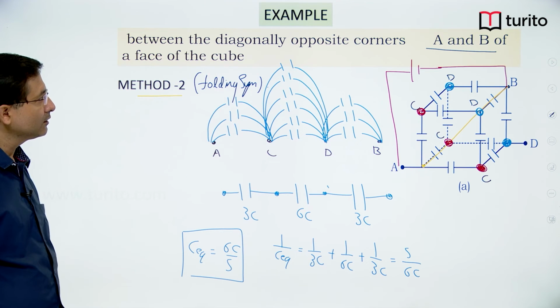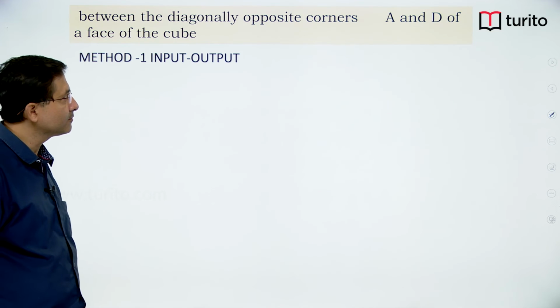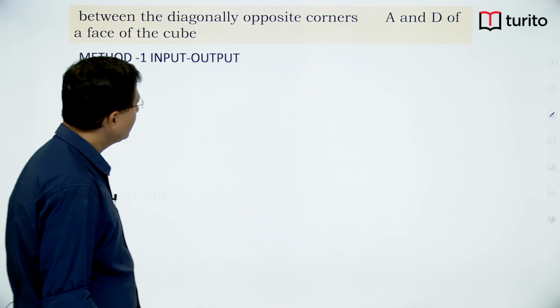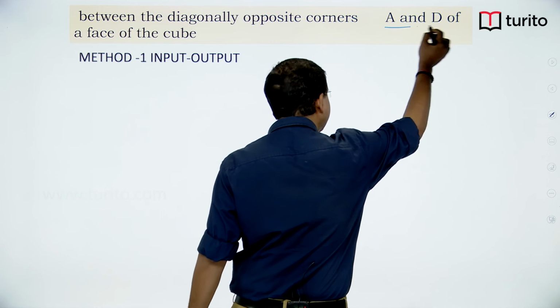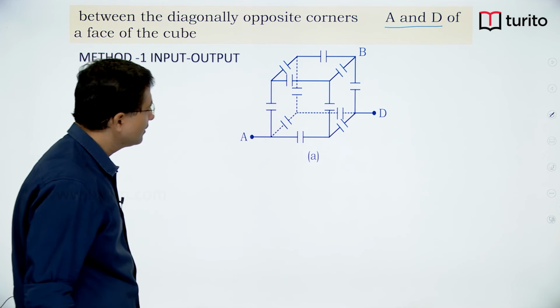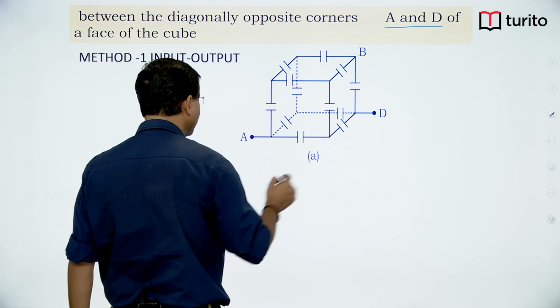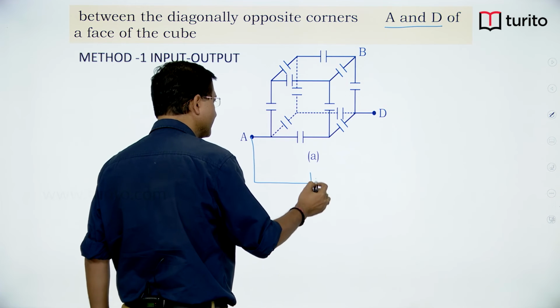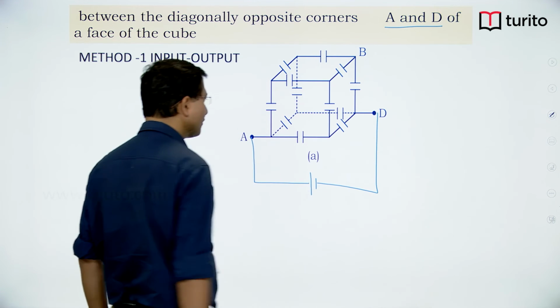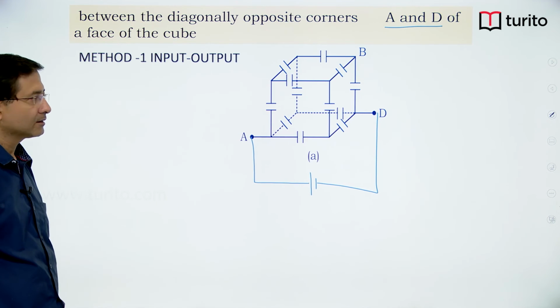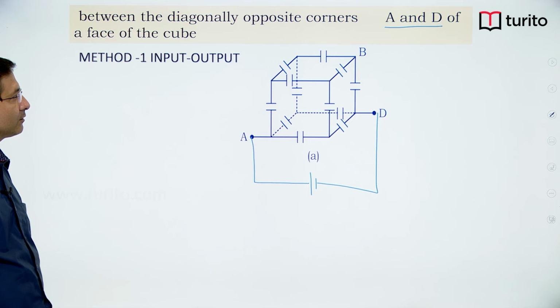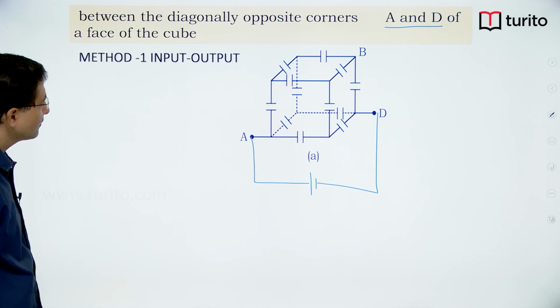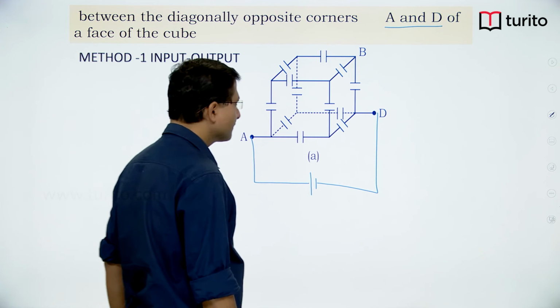So, now in the same question, if I ask across AD, what would be the capacitance across these two? So, if I am asking across AD, then I want to connect the battery this way, right.